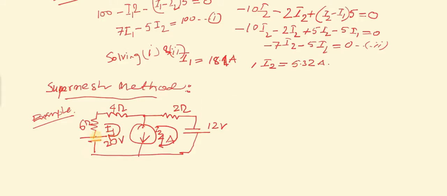Here you see we will apply the super mesh method to find out these currents I1 and I2. As I said before, in the case of the nodal method, if there is a dependent or independent voltage source between two adjacent nodes, you mentally assume that the voltage source is simply not there and short circuit.